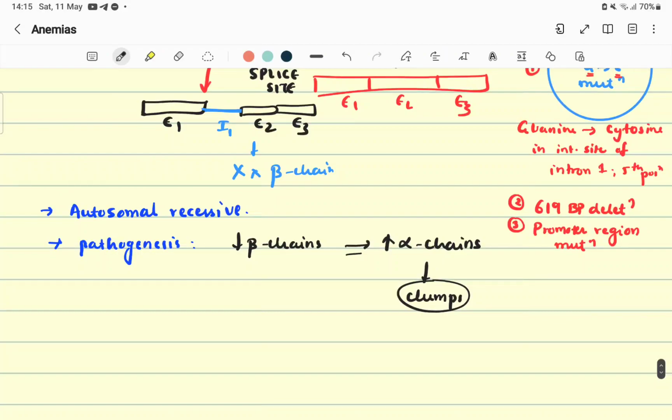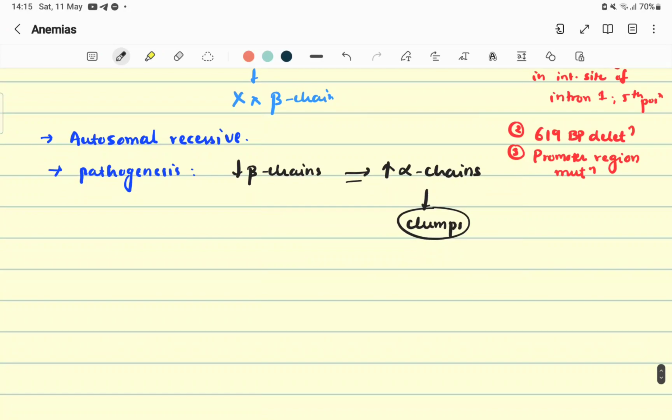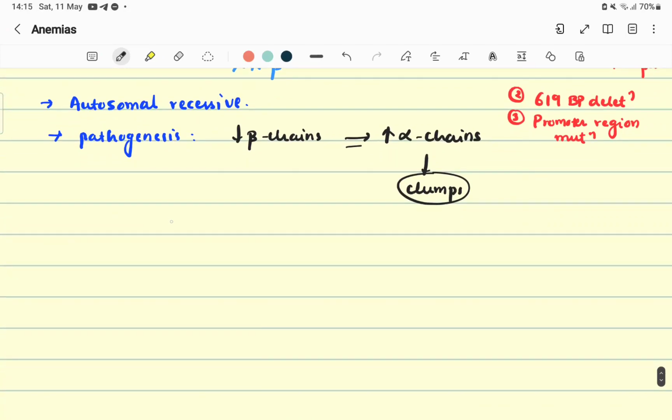In the pro-erythroblastic state, it can damage some pro-erythroblasts.